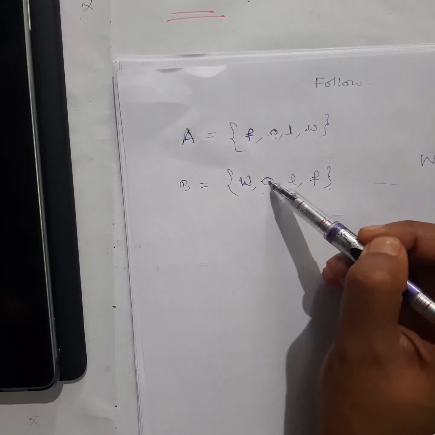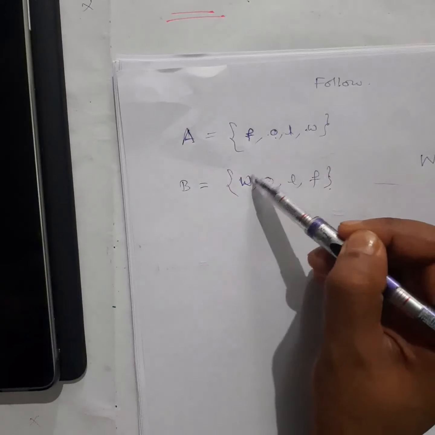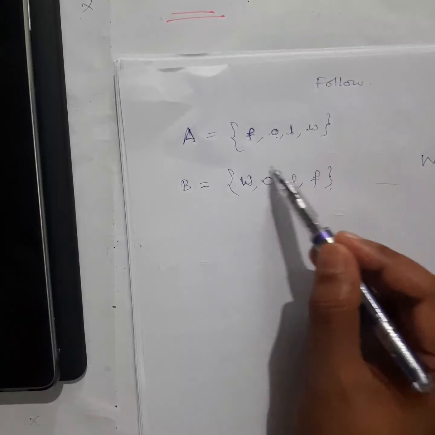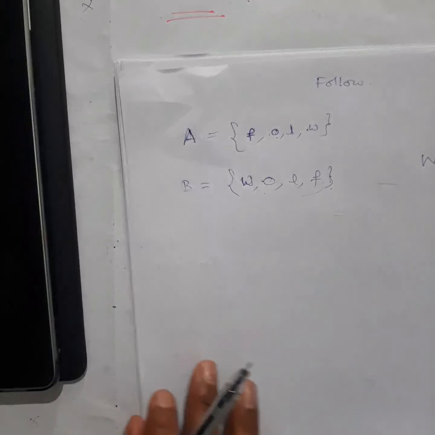O, O, L, L, W, W. So you can see all the letters here in set A are the same as the letters in set B. All are the same, right?